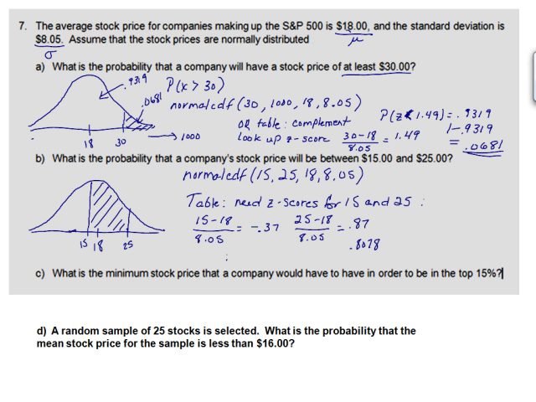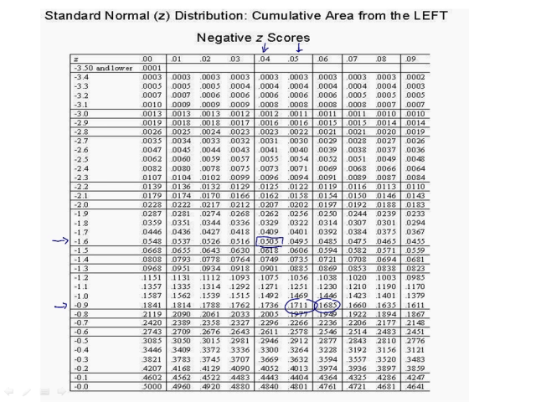Now what we need to do is look both of these values up in our z-scores table and get our probabilities. So here we're looking up the negative 0.37, so we have negative 0.3, 0.07 for the column, and we get a value of 0.3557.